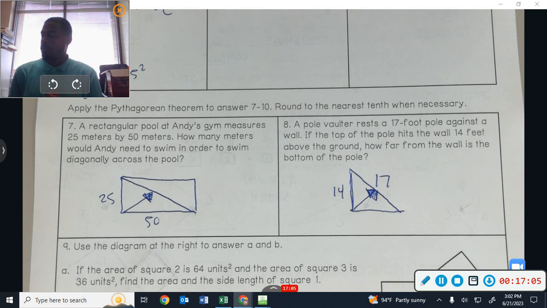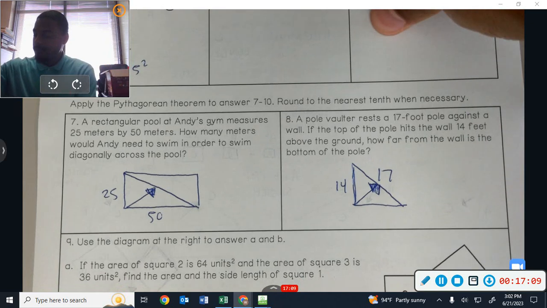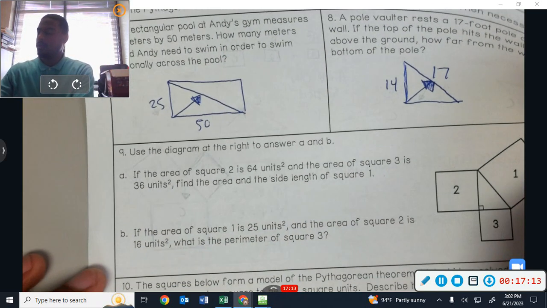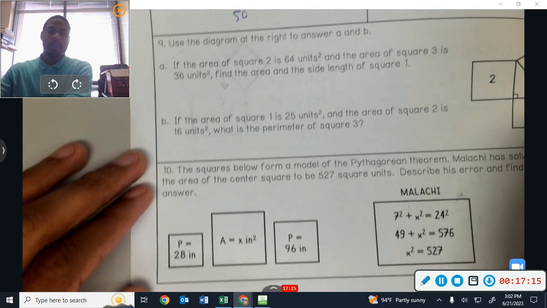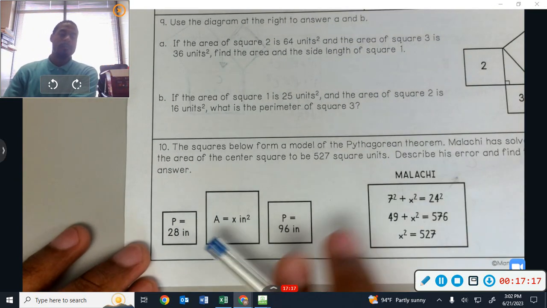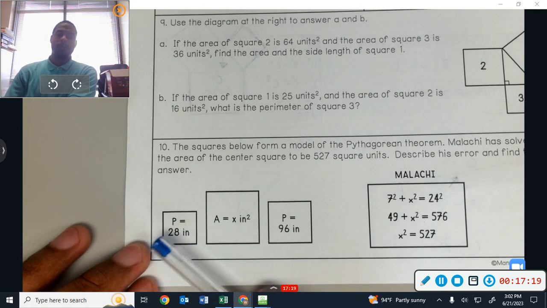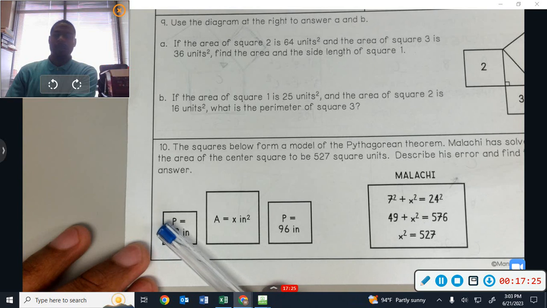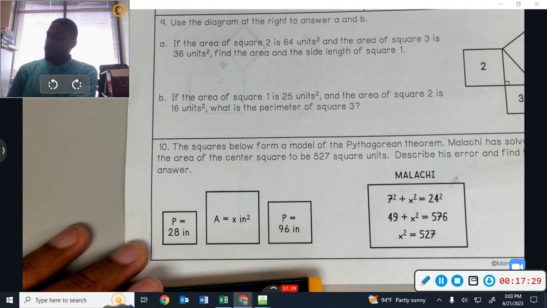Okay, so remember, one more other thing. Okay, so if they give you perimeter, let's say, let's go down to number 10. If they give you perimeter, that means addition. Okay, so what number can we add together to get 28? Okay, so for this one, I'm going to help you. 28 divided by 4, let's see.